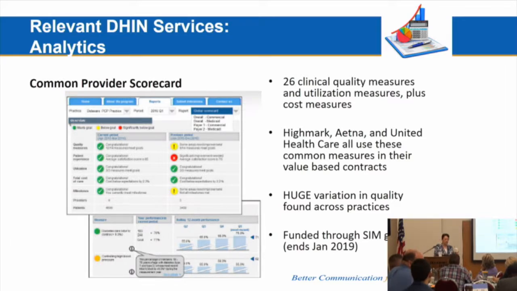We haven't had real high uptake of this, and I think part of it is you may not know that whether or not you subscribe to the scorecard, these are actually the measures that you're getting graded on. This is how the payers are in fact paying you. And so you might want to think about subscribing to the scorecard.